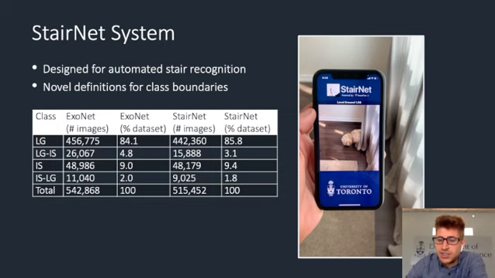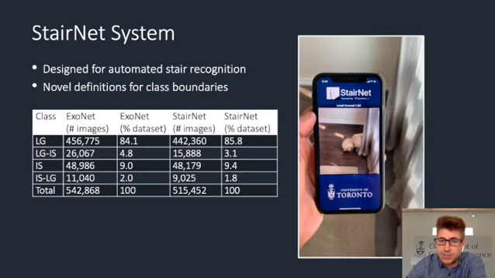We also recently deployed our automated stair recognition system on a mobile device to show onboard real-time inference.